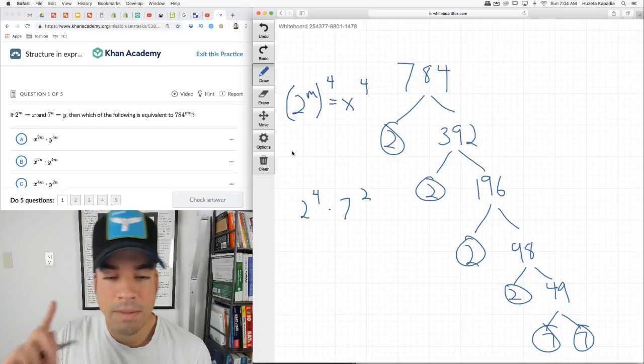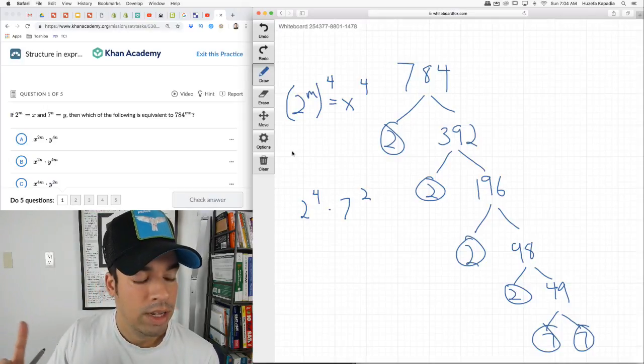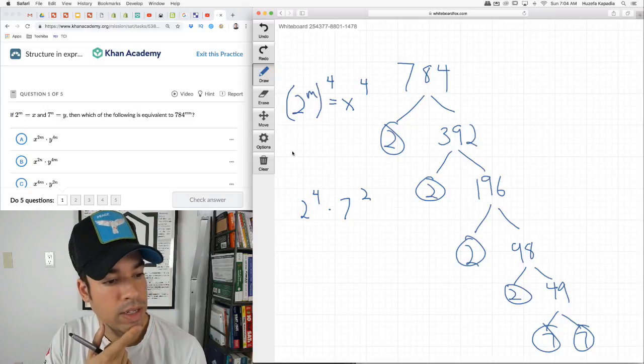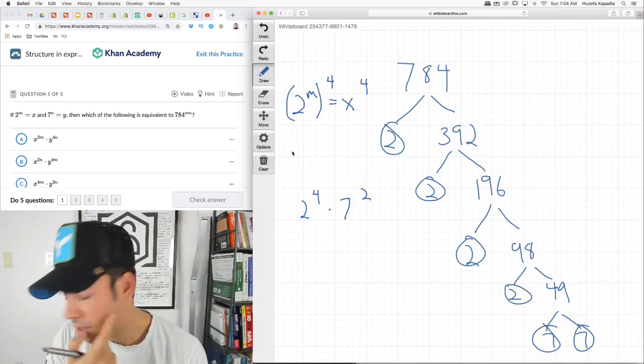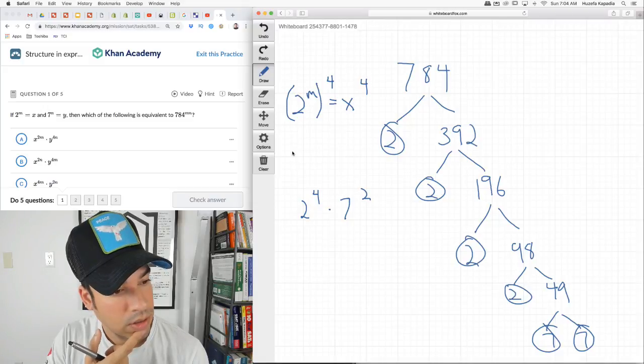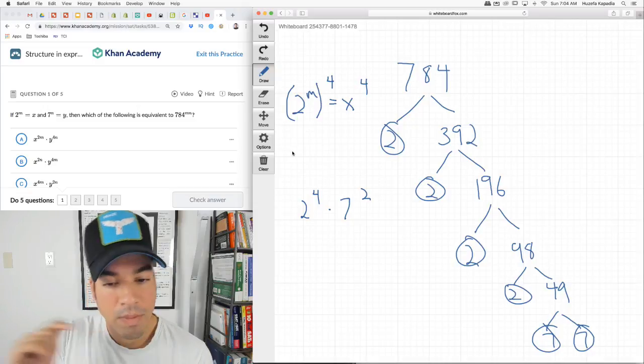Got it. Okay. They need to have the same exponent eventually, 2n, because you can't just get those exponents together. That's the thing that's weird. So if it's 4n, okay.